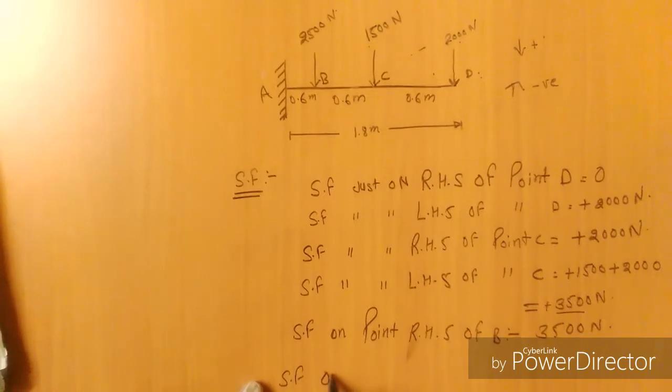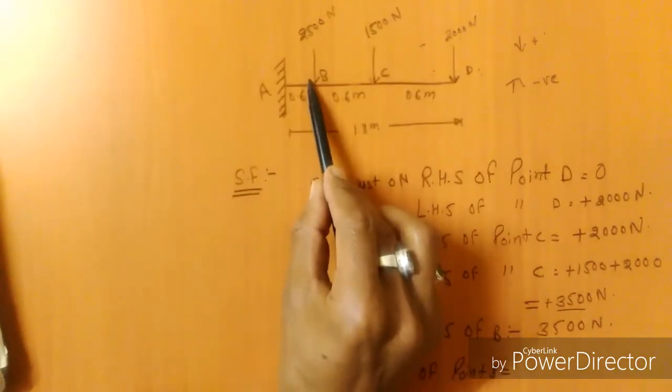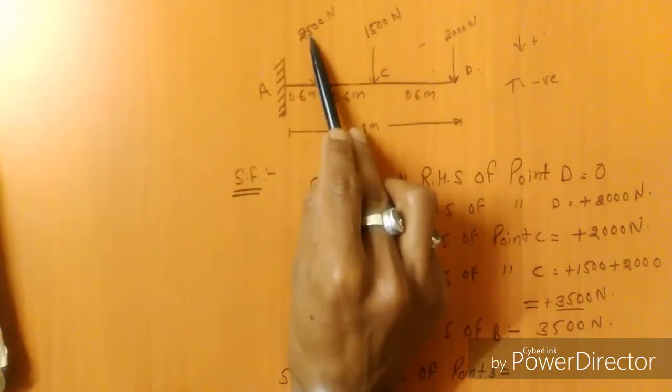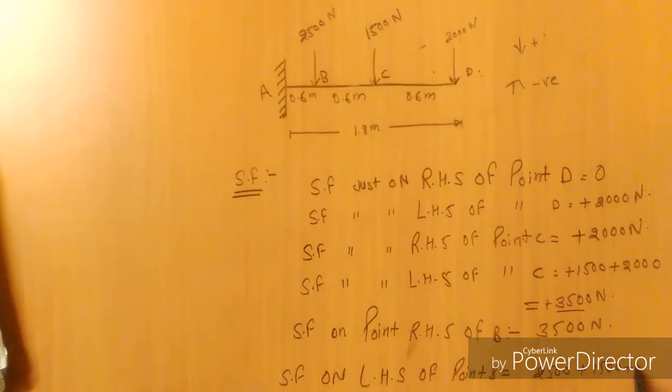After that, shear force on the left hand side of point B. On the left hand side of B there are three forces acting: 2000, 1500 and 2500 Newton. That is 2500 plus 1500 plus 2000, that is 6000 Newton.